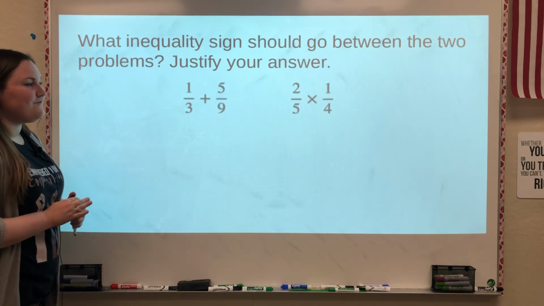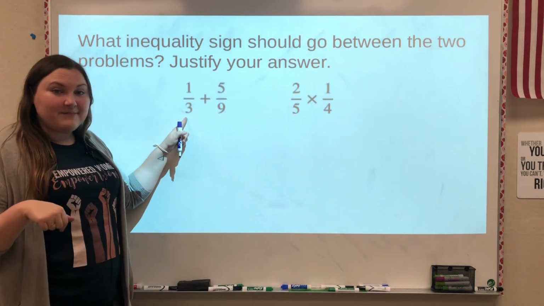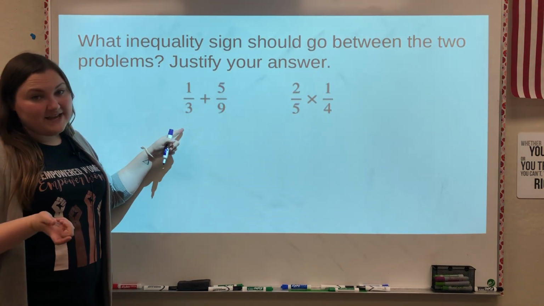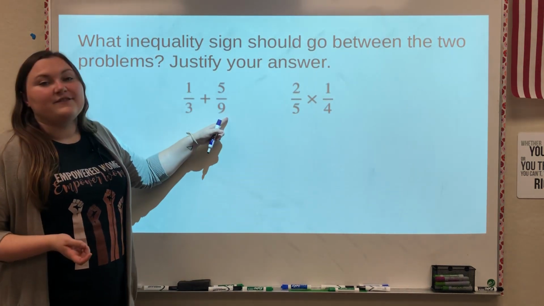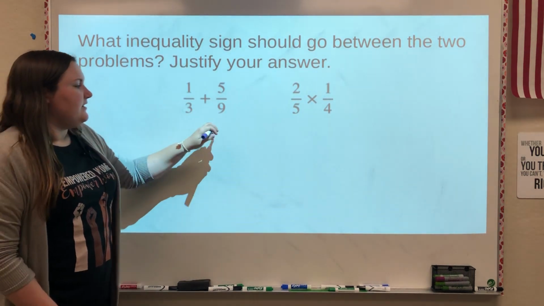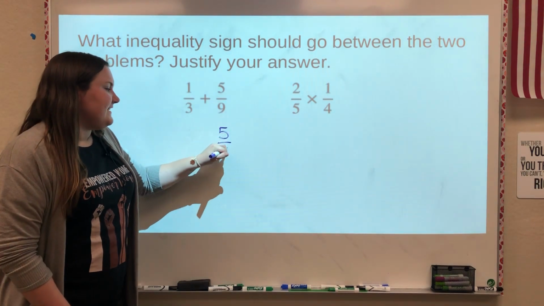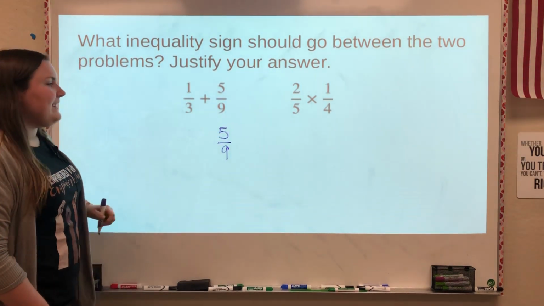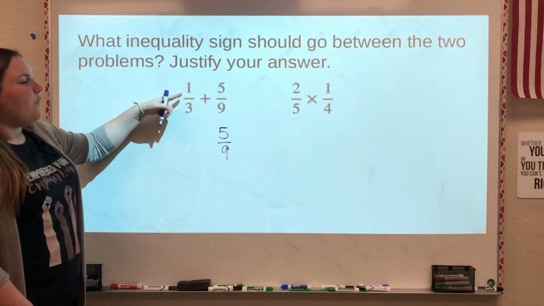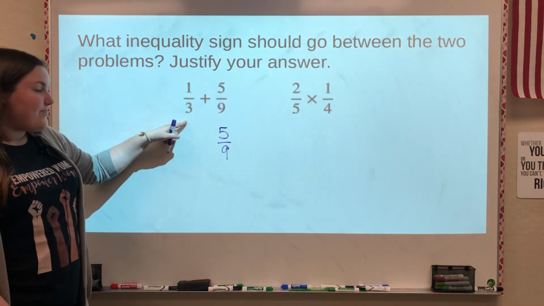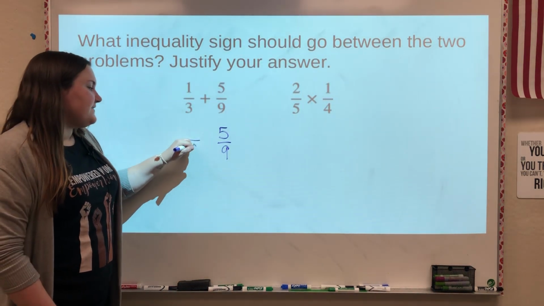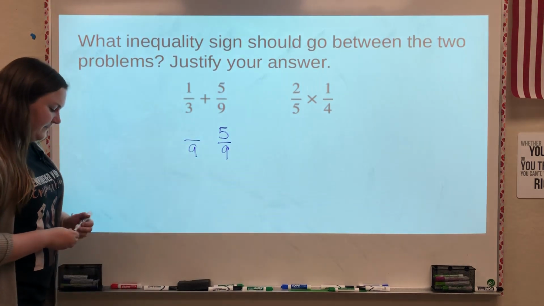I'm going to change the fraction that has the smaller denominator using multiplication to look like the fraction with the larger denominator. So that 5/9 is going to stay the same, and I'm going to ask myself, what's an equivalent fraction to 1/3 that also has a denominator of 9?